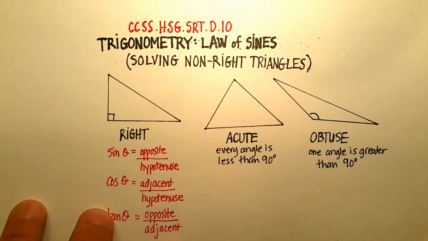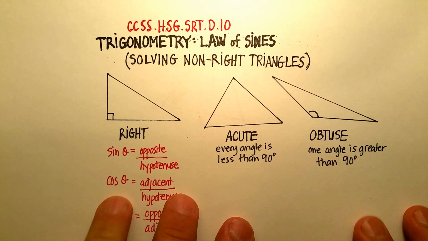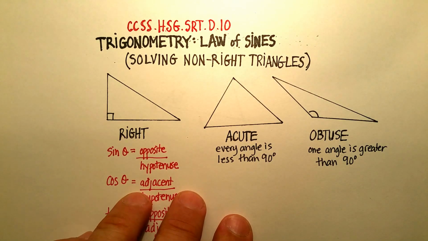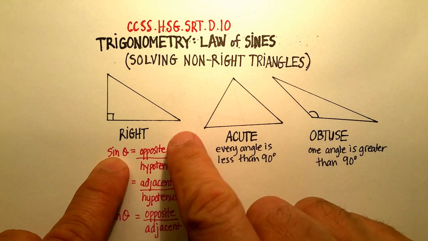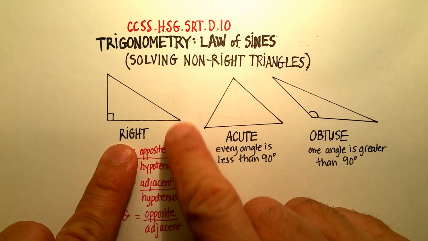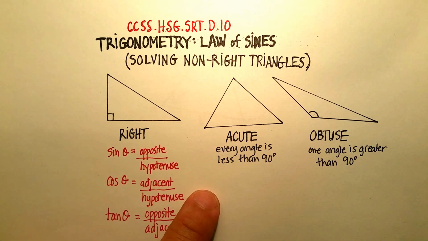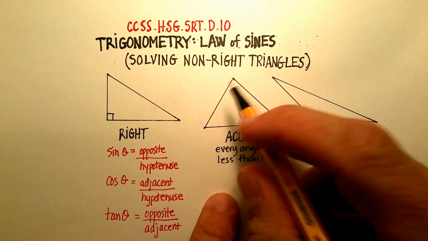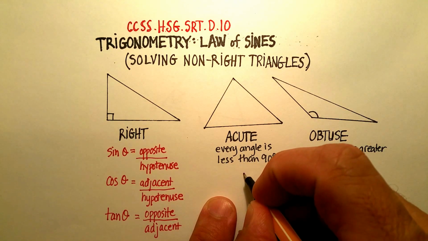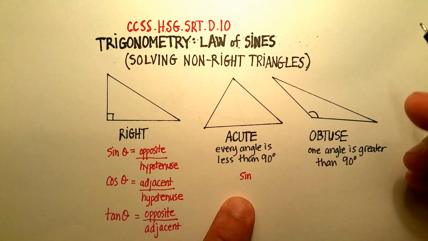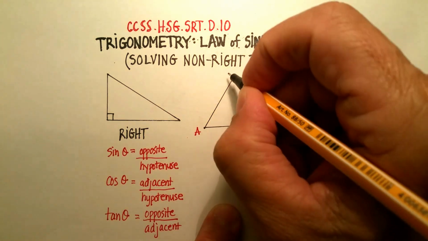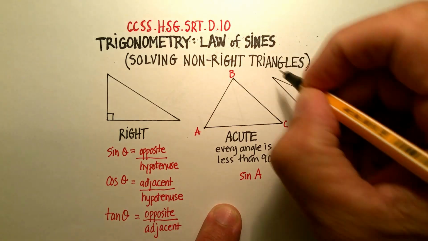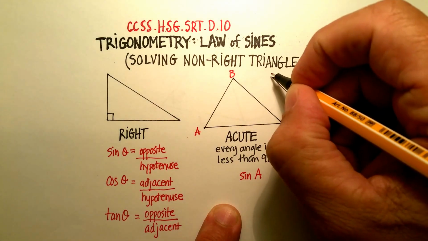Now let me just go ahead and tell you what the law of sines is. Just like over here, there is a relationship between the sides of a triangle and the angles, and the same is true for these kinds of triangles. Let's label the angles A, B, C here as well.